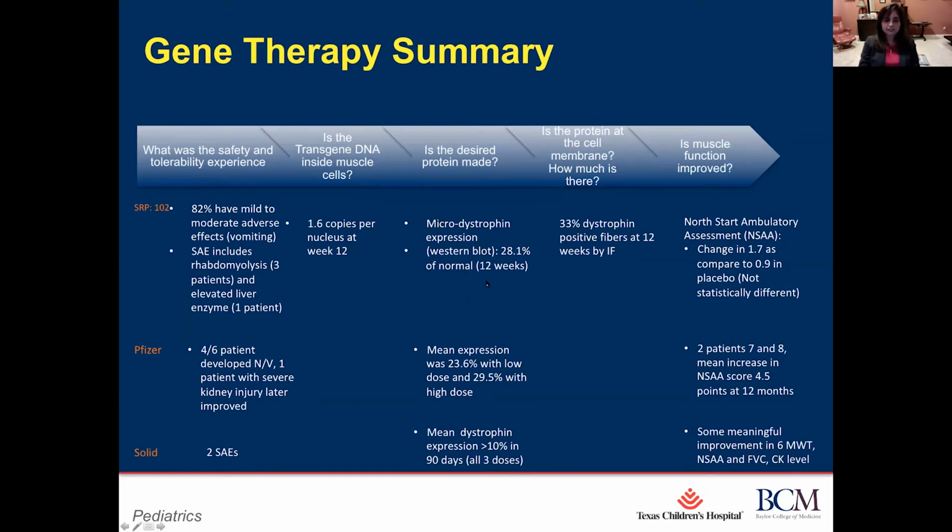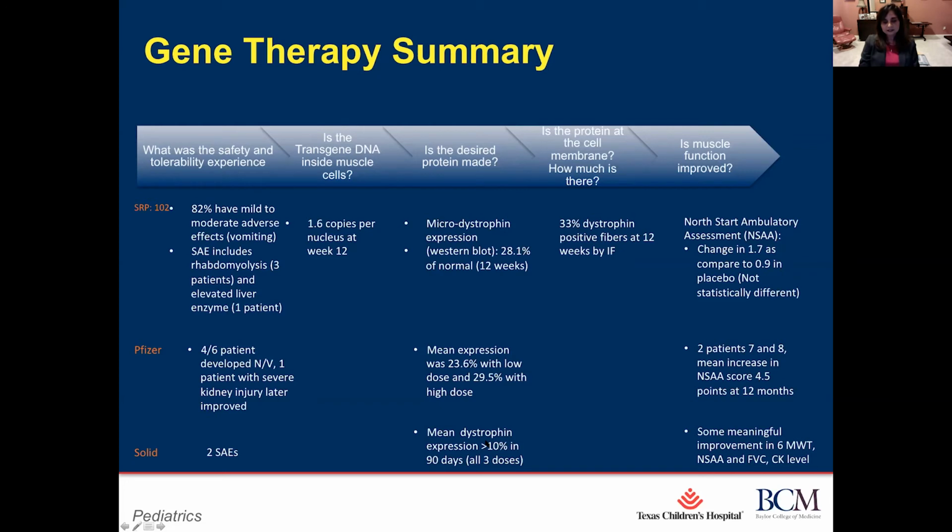If you look at the microdystrophin expression, Sarepta used Western blot, and it shows 28.1% improvement as compared to normal after 12 weeks. Pfizer used a different scale, which is mass spectrometry, and that shows 23% improvement in mean expression of microdystrophin in low dose and 29% improvement in high dose.